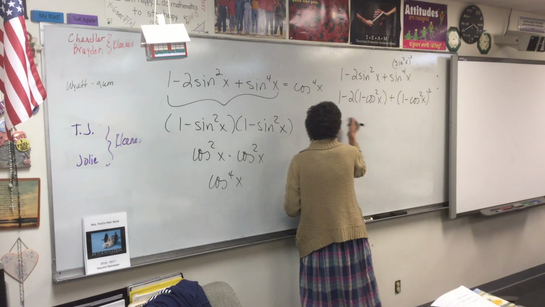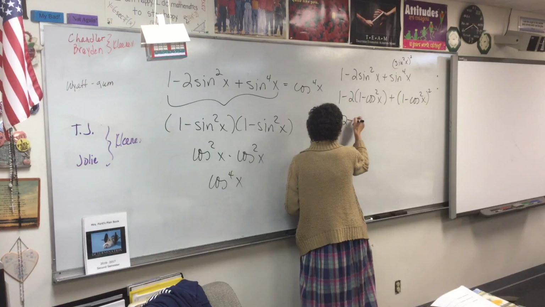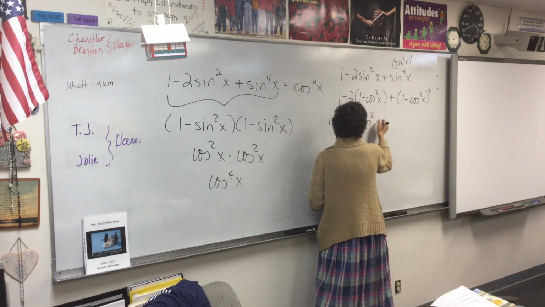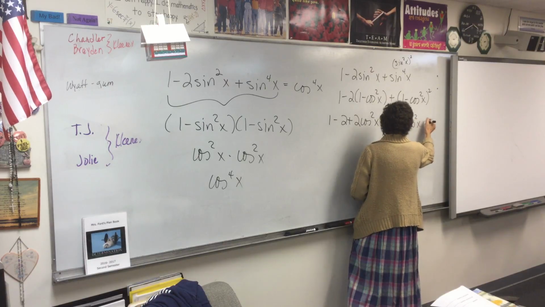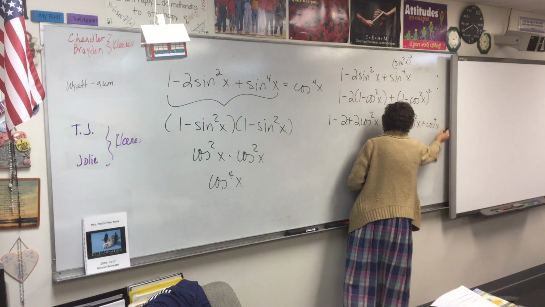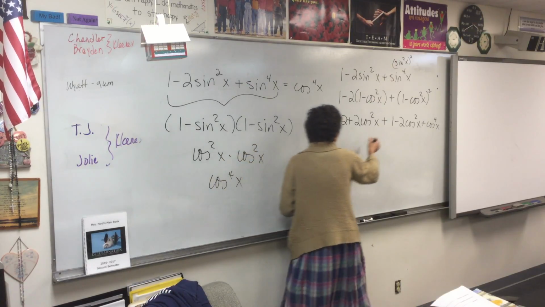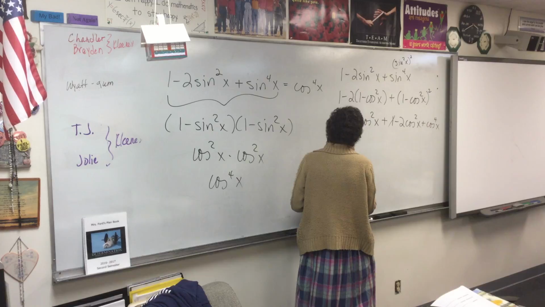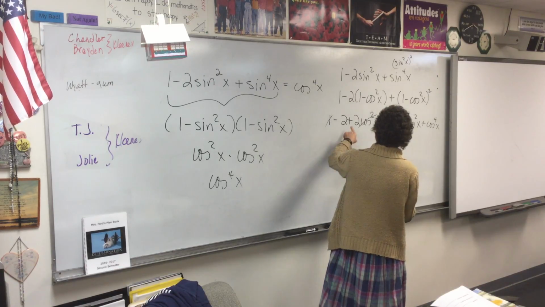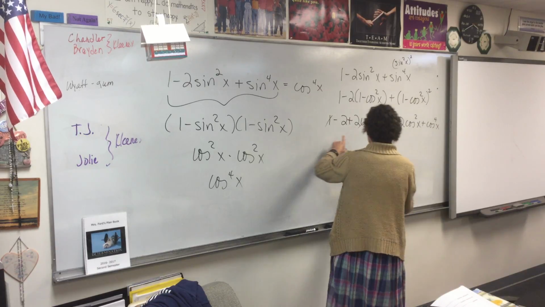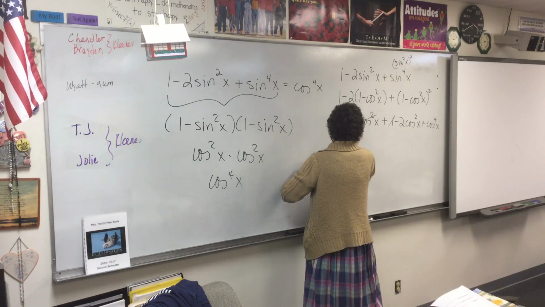So now if I do my distributing and my foiling, I have 1 minus 2 plus 2 cosine squared plus, this is a FOIL, 1 minus 2 cosine squared plus cosine to the 4th. What happens? The 1's cancel. Oh no, the 1's don't cancel on the same side. 1 minus 2 is negative 1.